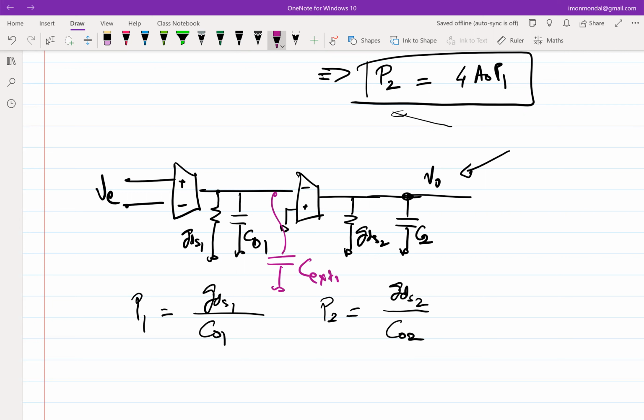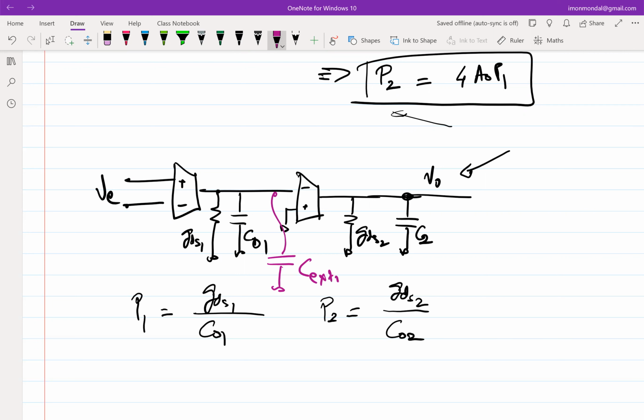So now your C extra plus C01 has to be what? If I just look at this expression, it should be P2 by 4 A0.